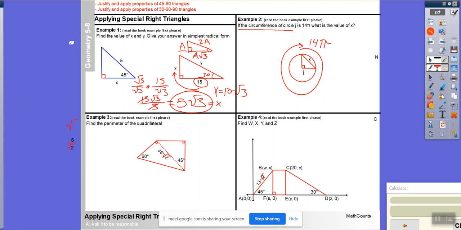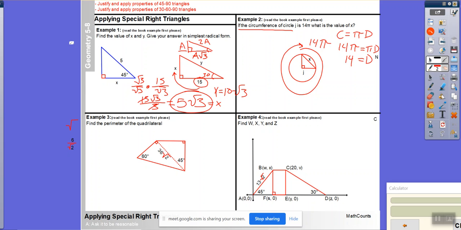So what do we know about circumference in circles? It's pi times the diameter. So circumference is equal to pi times the diameter, so 14 pi is equal to pi times the diameter. Therefore, the diameter is equal to 14.